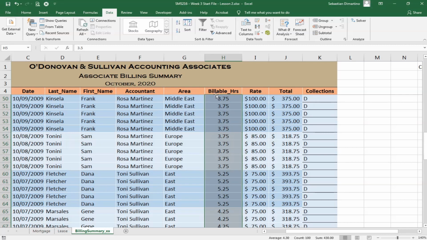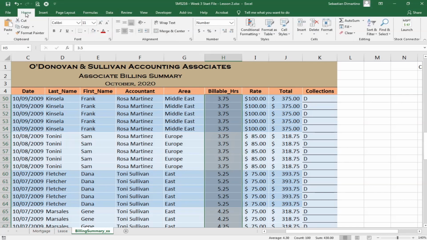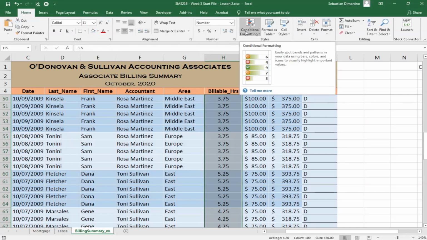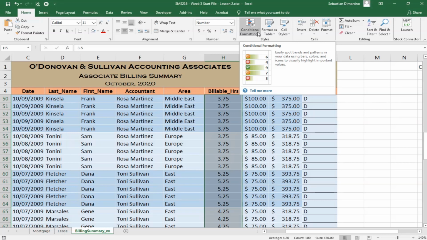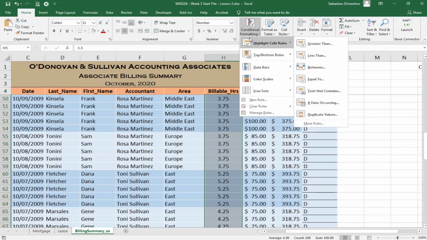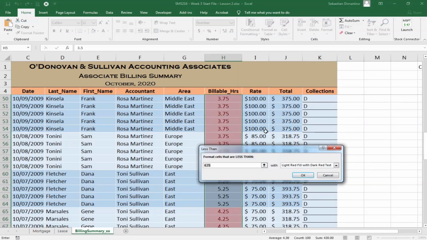To do that, I need to go to my Home tab, and then go to the Conditional Formatting option over here in the Styles category. When I click Conditional Formatting, I can choose to highlight any cells that are less than, and I said 4 hours, so I'm going to do 4.